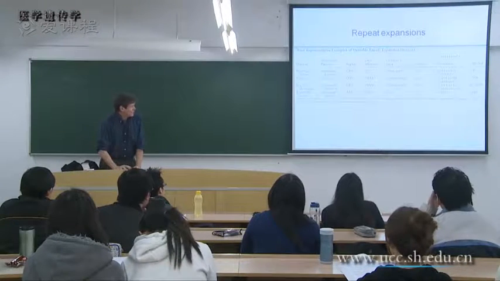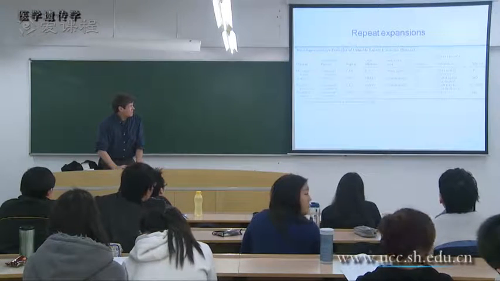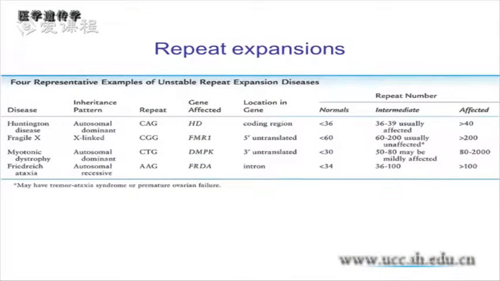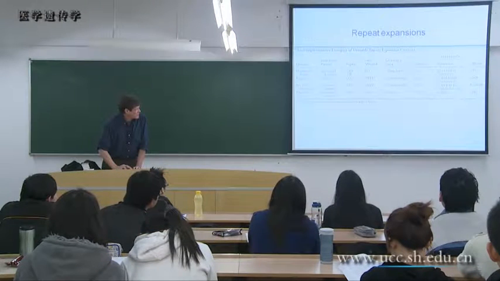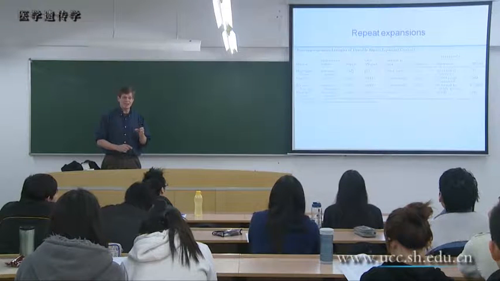Okay, now the last type of mutation that I want to talk about is a very interesting class of mutations called repeat expansions. And these are famously found in two of the most well characterized, Huntington's disease and Fragile X syndrome. What this involves is an expansion of triplet repeats. So in Huntington's disease, there's a CAG that is found within the coding sequence of the Huntington gene.